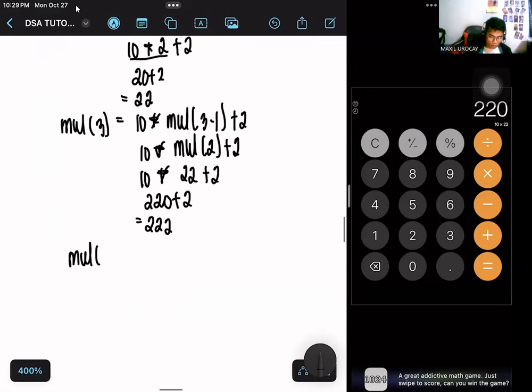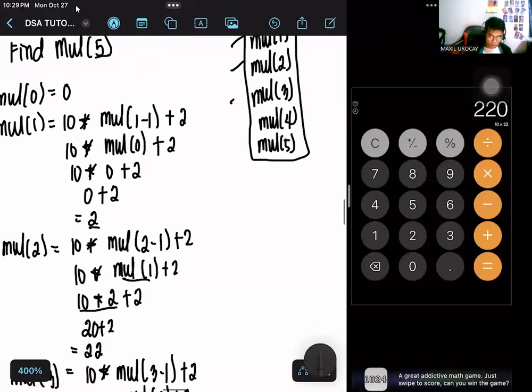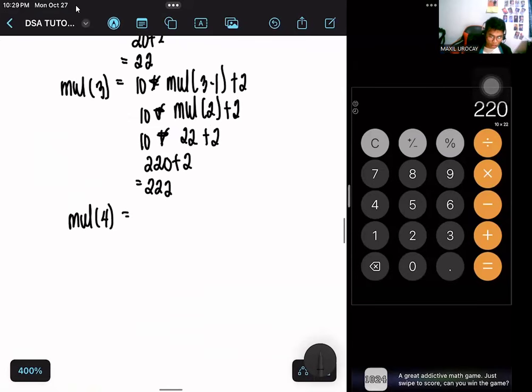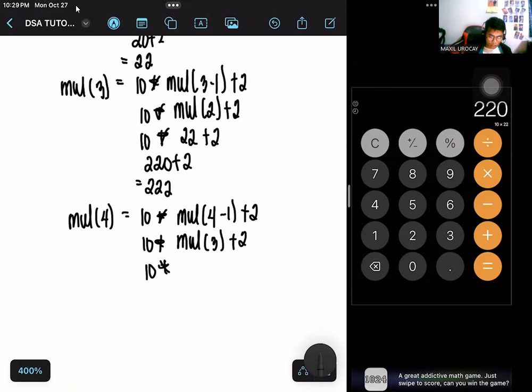Then for mul 4, it is 10 times mul 3 plus 2. The value of mul 3 is 222, so 10 times 222 is 2220, plus 2 is 2222. So this is mul 4.